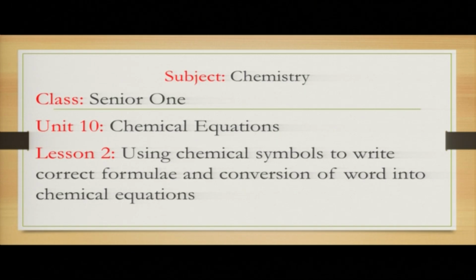And our lesson of today will be talking about using chemical symbols to write chemical formulae and conversion of word into chemical equations. You remember in the previous lesson, we were looking at the chemical reactions in general.